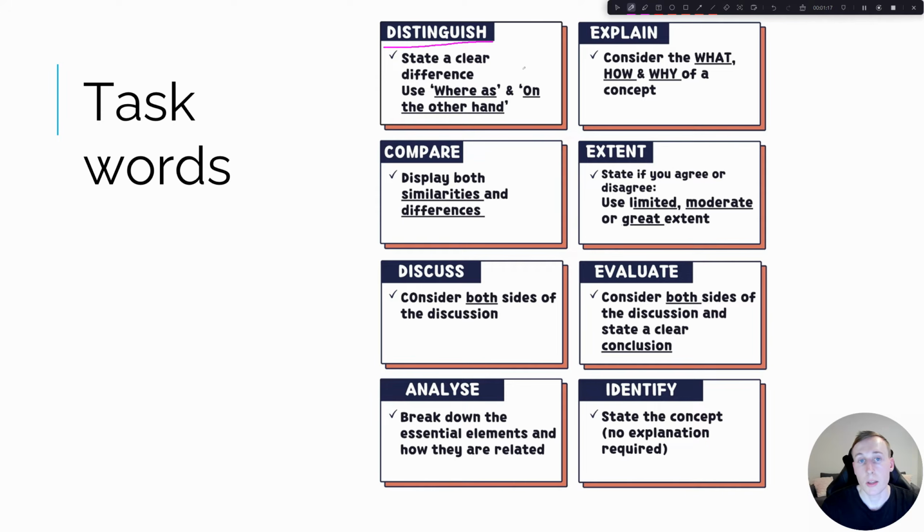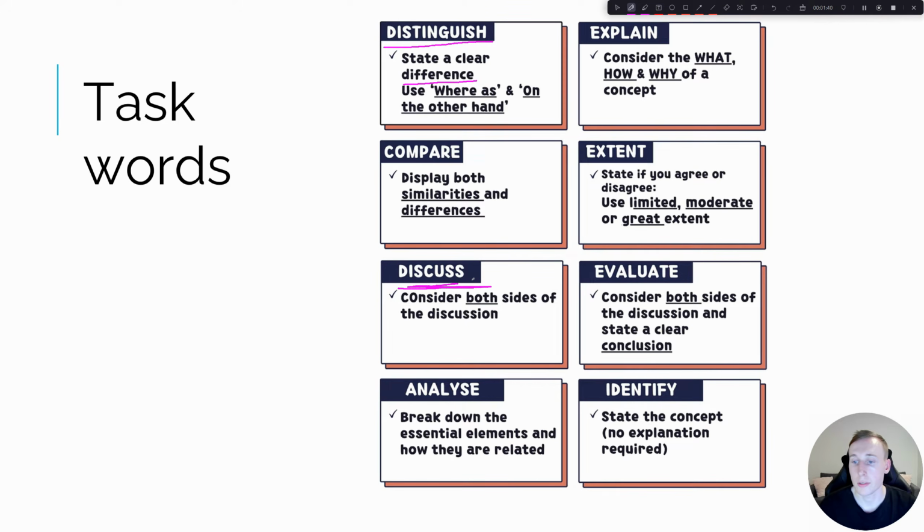A common one that I always see is the word distinguish. If you see the word distinguish on a SAC, it's really important you're stating a clear difference. An example might be, it might say distinguish between an apple and an orange. You'd want to start your answer by saying the main difference is something like the taste or the color. Another one I really commonly see is a discuss question on a SAC.